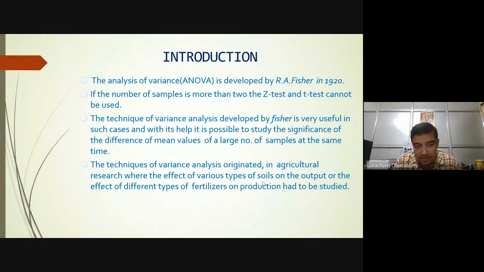The techniques of variance analysis originated in agricultural research, where the effect of various types of soils on the output, or the effect of different types of fertilizers on production, had to be studied. It is applicable to many fields of research, but in agricultural research it is used greatly.